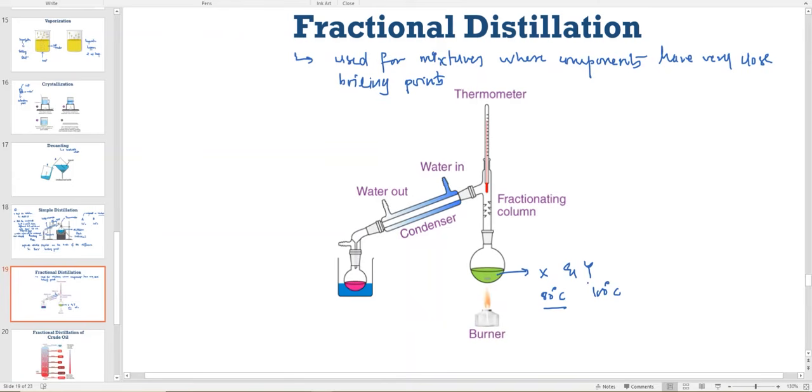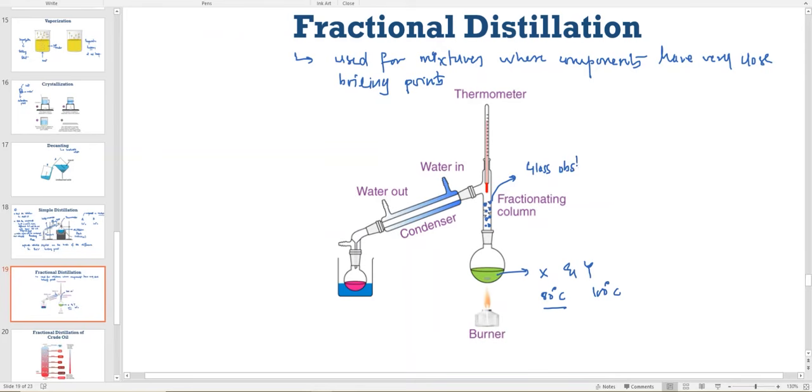But the molecules of Y do not have enough energy to go into the condenser by themselves. What they do is, at 80 degrees Celsius, they have enough energy to mount on the molecules of X and start moving with them. So that's why we insert a fractionating column in which there are what we call obstacles, in this case glass beads.